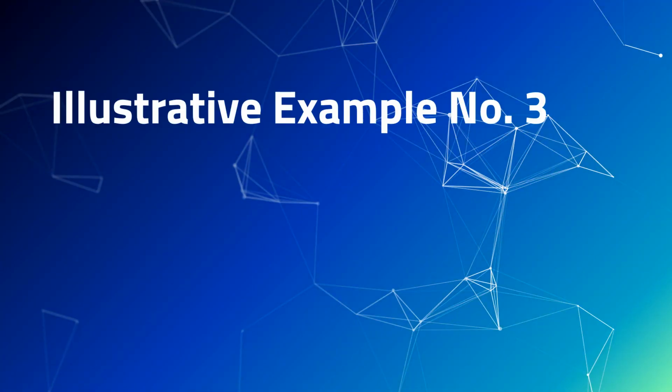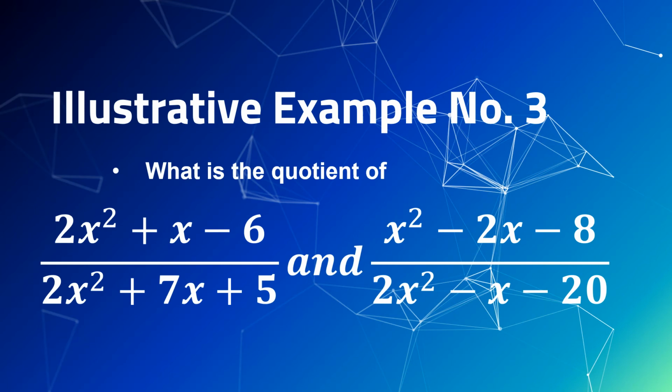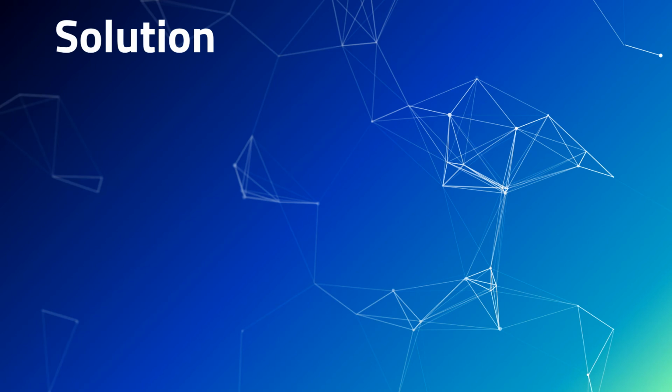Okay, our third example, we are just going to find the quotient of 2x squared plus x minus 6 all over 2x squared plus 7x plus 5 and x squared minus 2x minus 8 all over 2x squared minus 8x minus 20. Okay, so let's proceed with this solution.